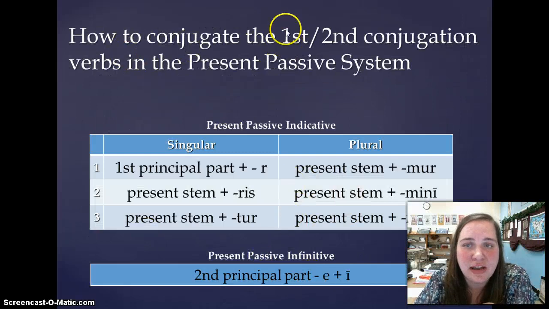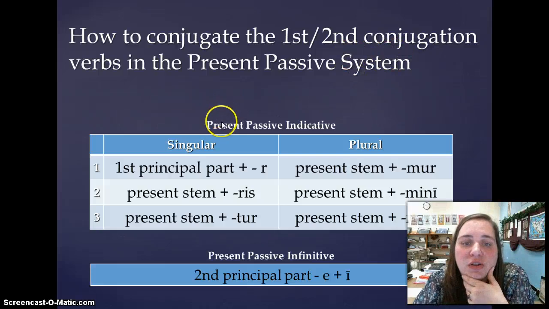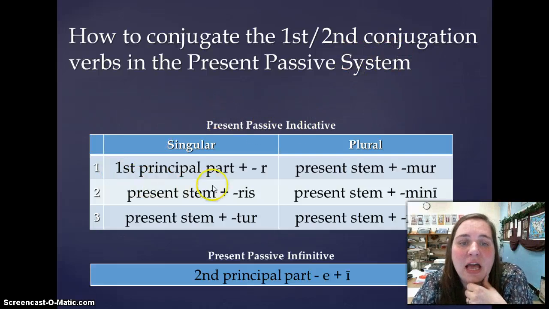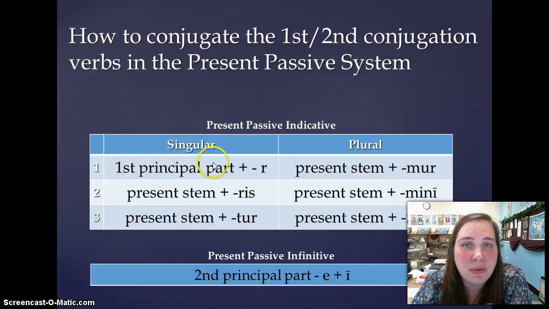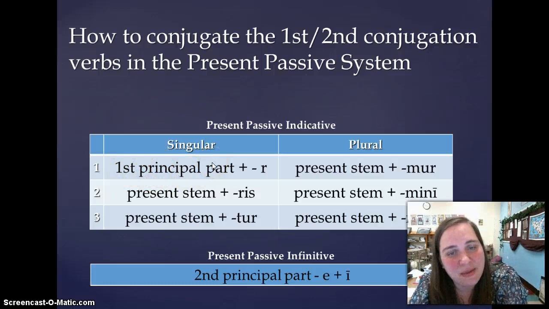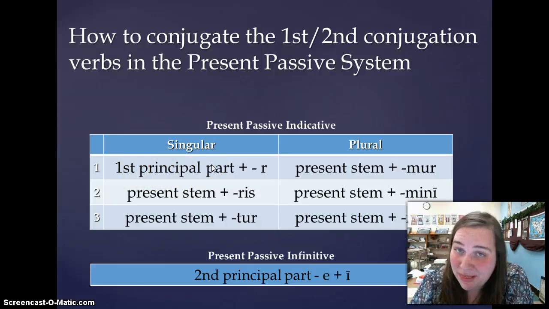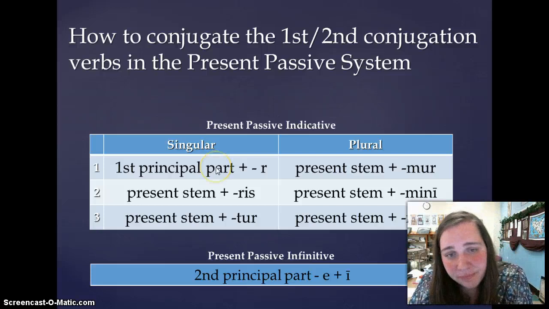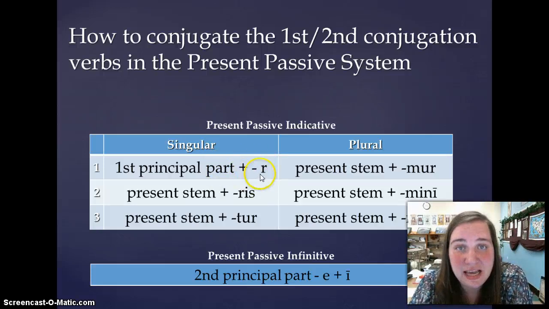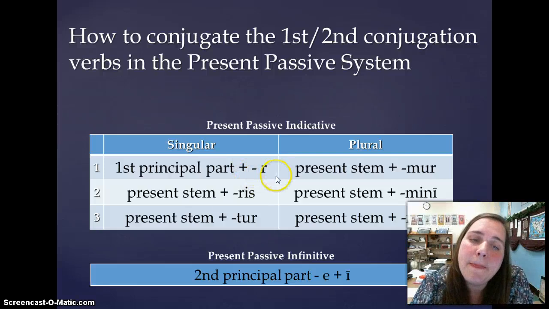So this is how you conjugate first, second conjugation verbs in the present passive system. We're going to do the present passive indicative first. Notice that the first person singular present passive indicative is the only form where you're going to use the first principal part instead of the present stem. That's also true, by the way, in the present active indicative. The difference with the passive is that you're going to add an R to the end of the first principal part, okay?